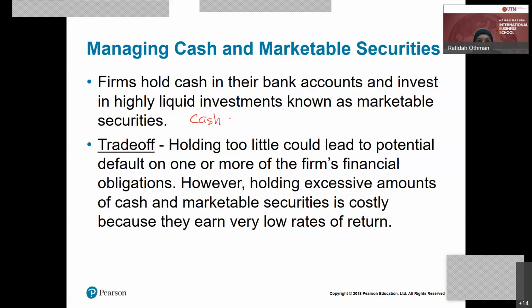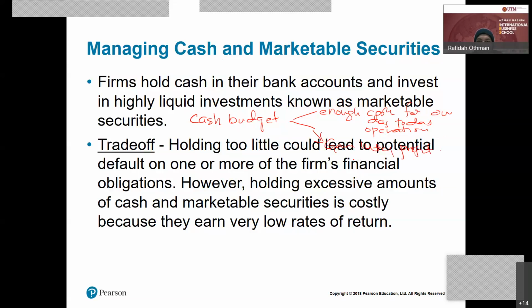So why does the cash budget come into the picture? Because we want to make sure that we hold enough cash for our day-to-day operation, and we invest the rest of the money to gain interest or profit.